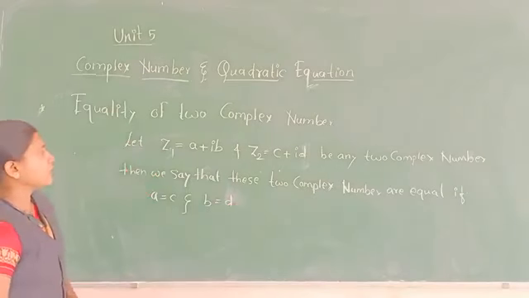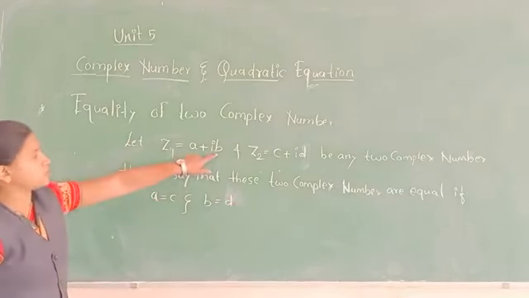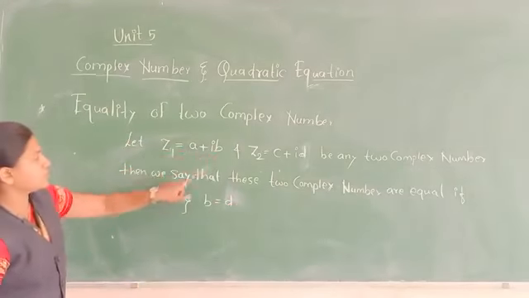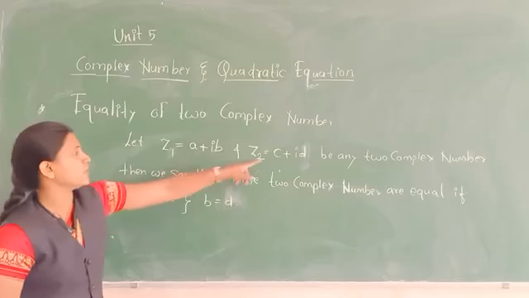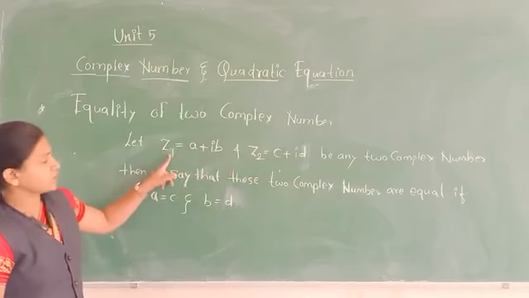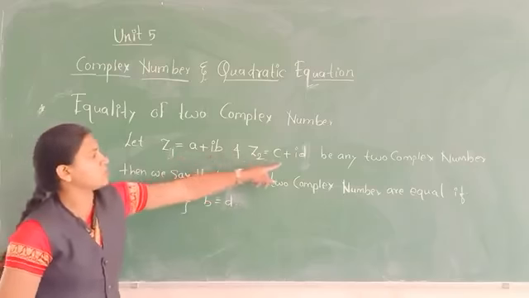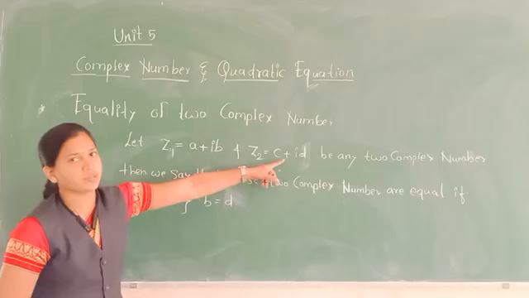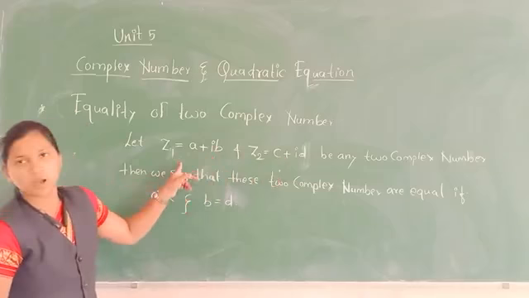We equate the real parts and the imaginary parts. Here a is equal to c, these are the real parts of the two complex numbers, and b is equal to d, these are the imaginary parts.